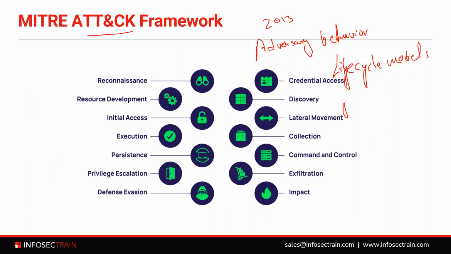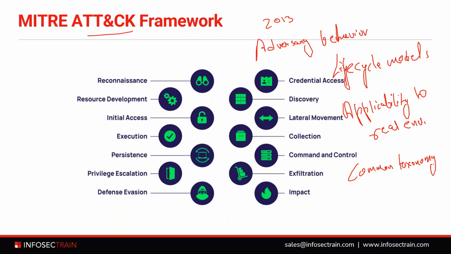Then, applicability to real environments: TTPs needed to be based on observed incidents to show the work is applicable to real environments, right? And the fourth one was common taxonomy. TTPs need to be comparable across different types of adversary groups using the same terminology, right? So that was the problem.